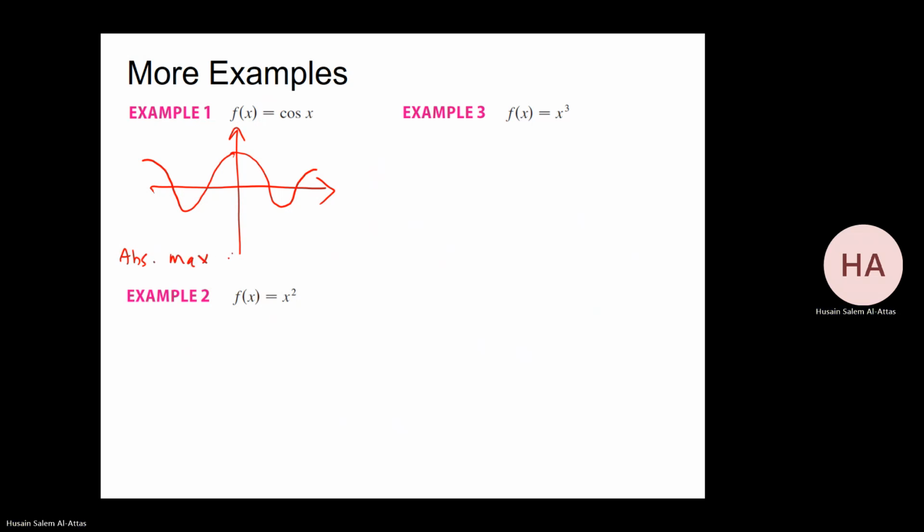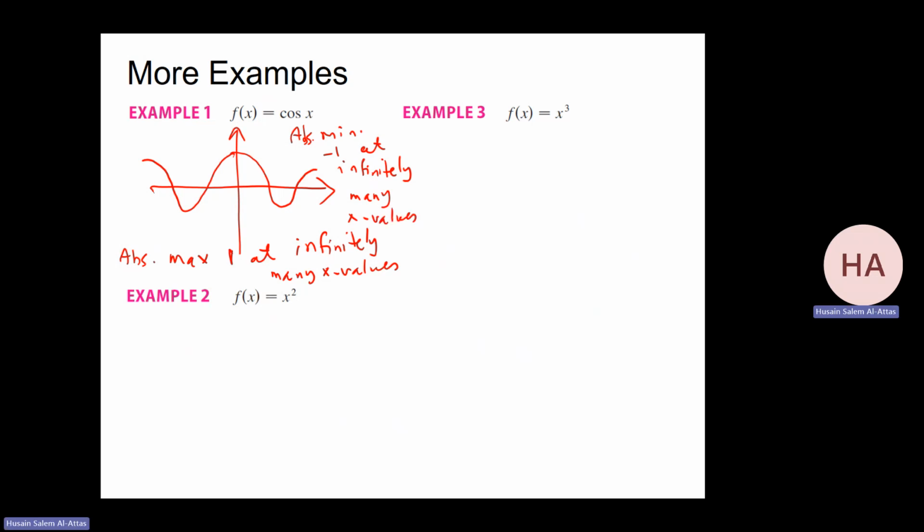Only one, which is one at infinitely many x values. But how many absolute maximum? Only one. Absolute minimum, minus one, the same thing at infinitely many x values. Local maximum is one, also at different values. The same thing for the local minimum.